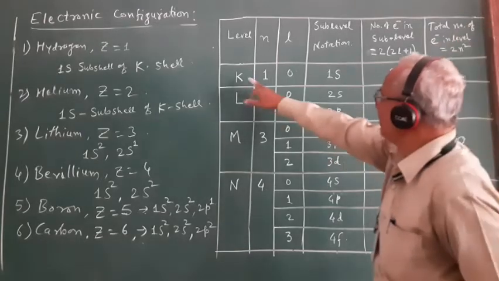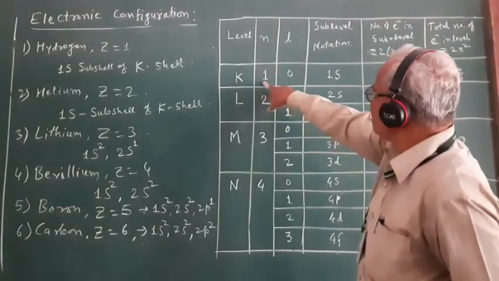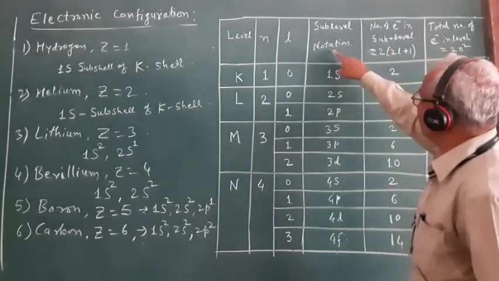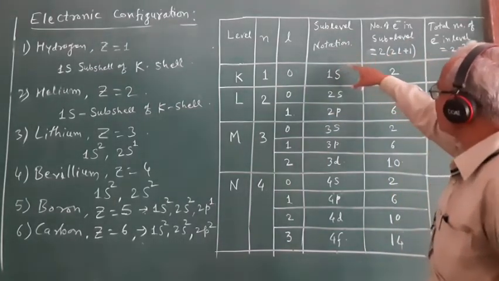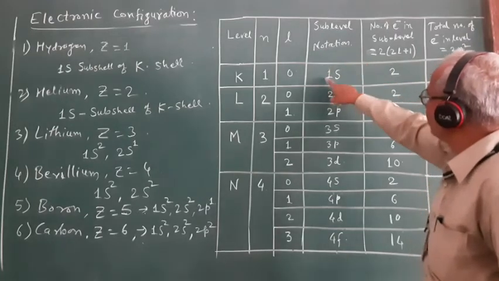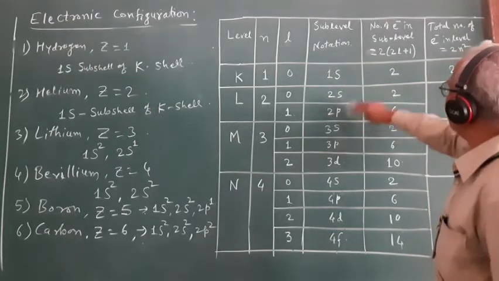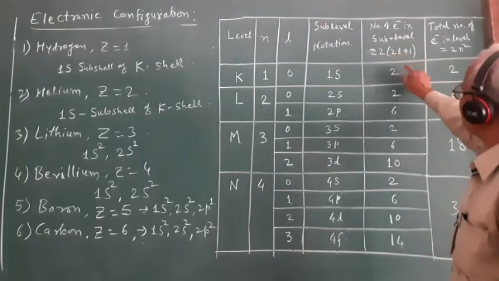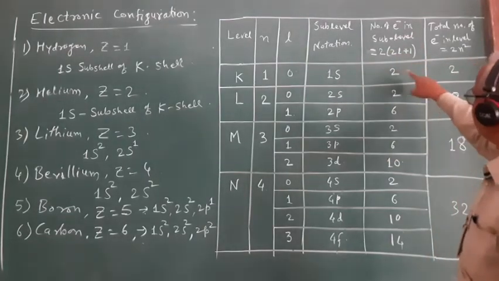This K level, for which n is equal to 1, l is 0 and the subshell is denoted by 1s, and the maximum number of electrons accommodated in this subshell is 2.